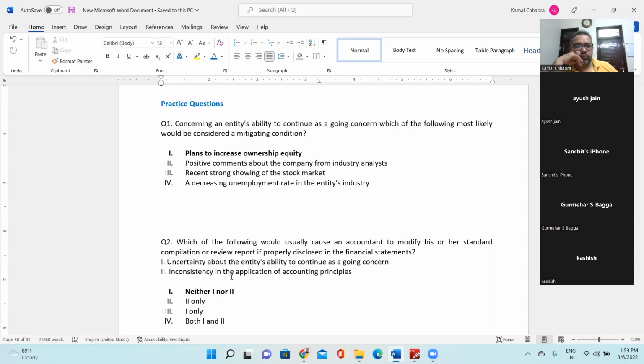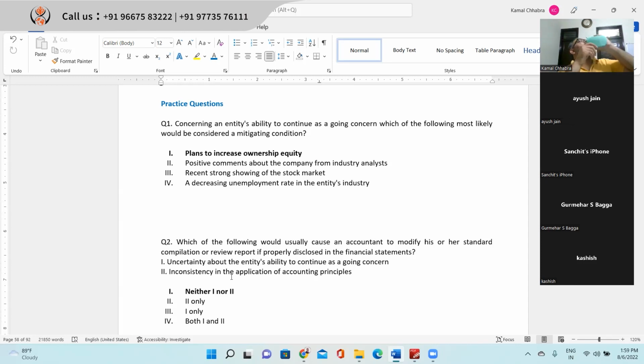Capital infusion, sir. So plan to increase ownership equity. So first it will be. Why not second, third? Remaining ones all are external factors. Yeah. But once we analyze whether the entity is able to continue, then only the internal efforts which the entity is making will substantiate that point. That's why first is right.